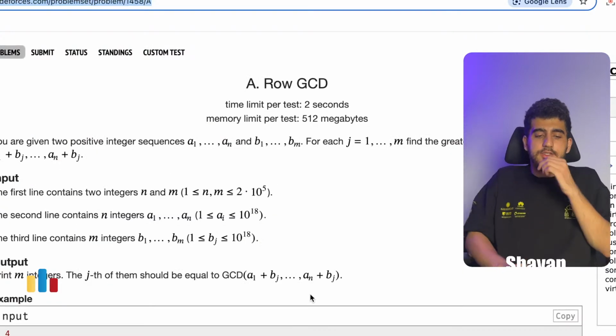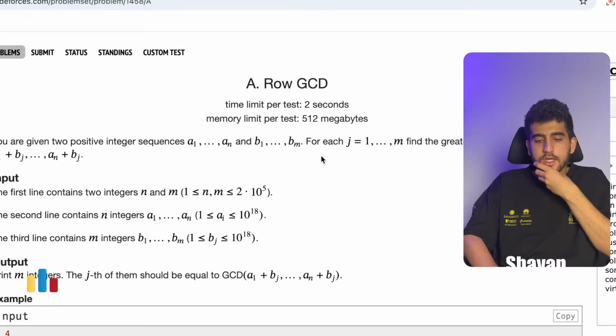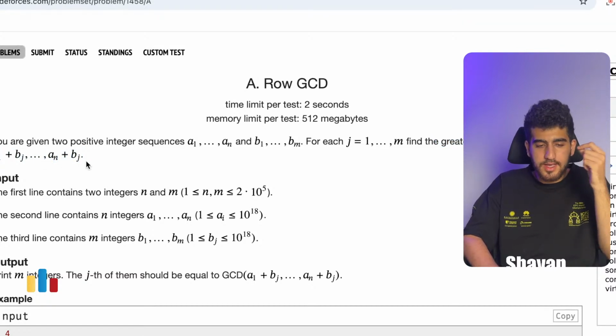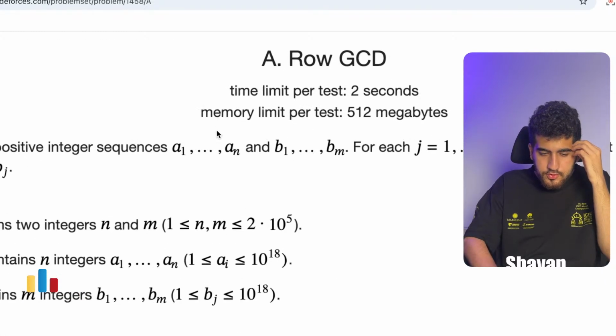So it's saying that you are given two positive integer sequences, a1 to an and b1 to bm. For each j from 1 to m, find the greatest common divisor of a1 plus bj to an plus bj. So you have two arrays.